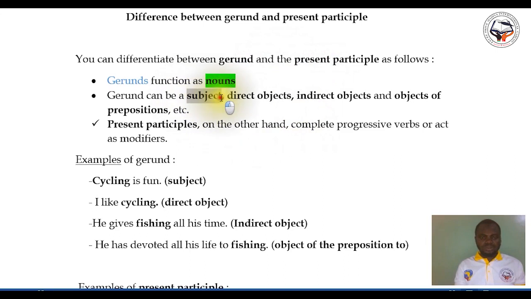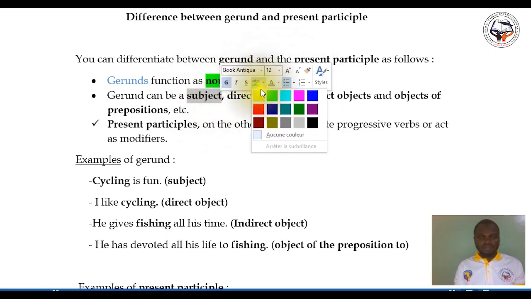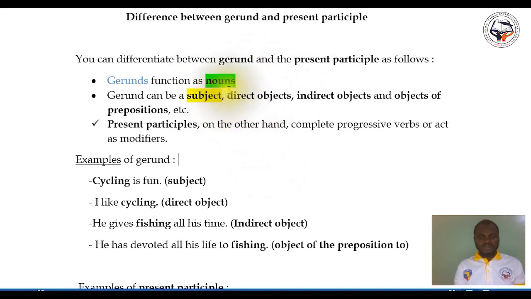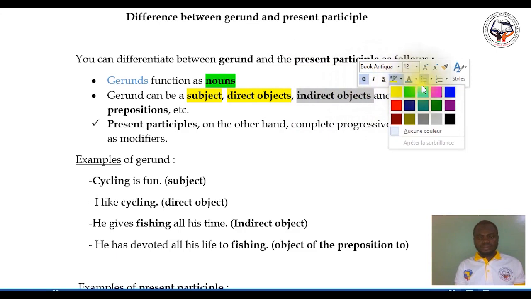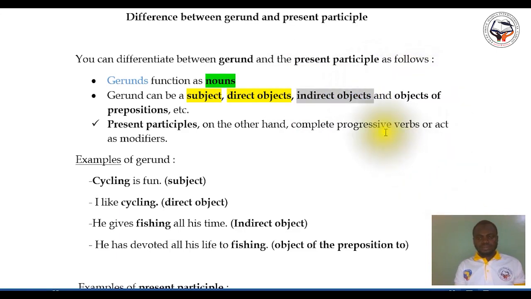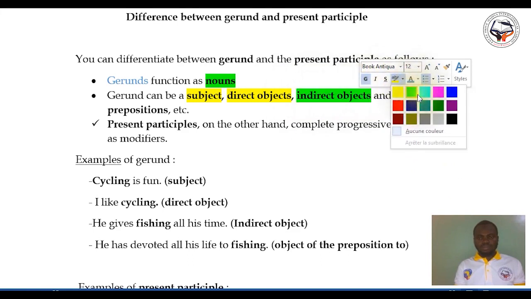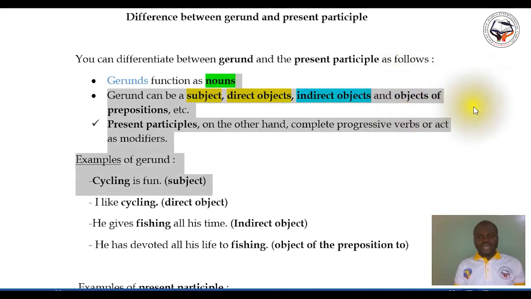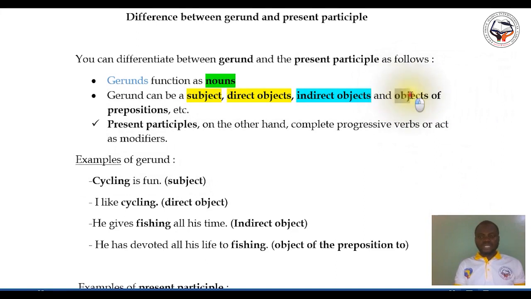Subjects, direct objects, indirect objects, and object of preposition.